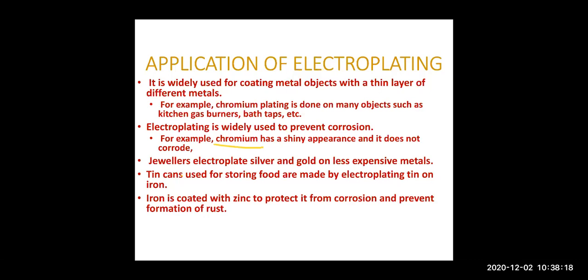For jewelry, electroplate silver and gold on less expensive metal. The metals which are less expensive, on that the electroplating of silver and gold is done, and less expensive jewelry we can get. That is done in the market, right? Then tin cans, the cans used for storing food, hai na? They are also electroplated with tin on iron.